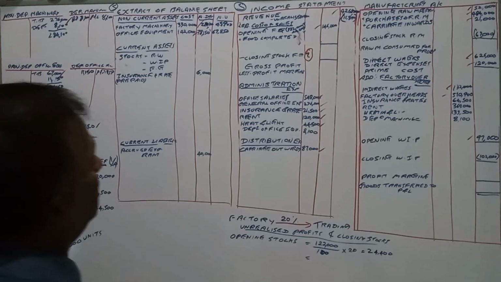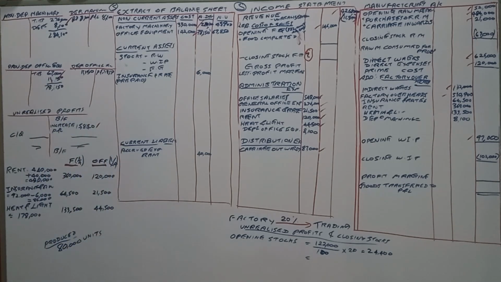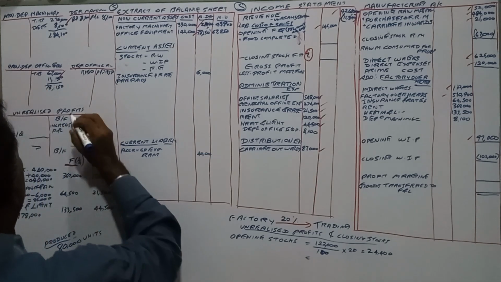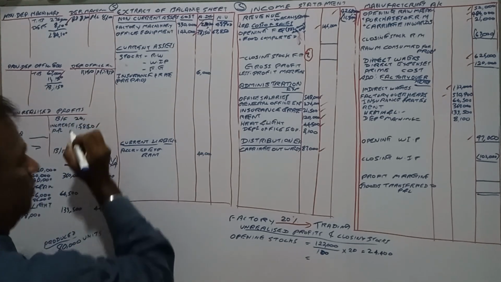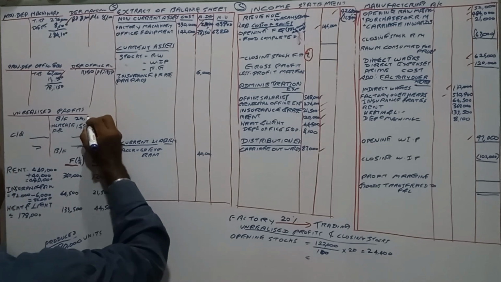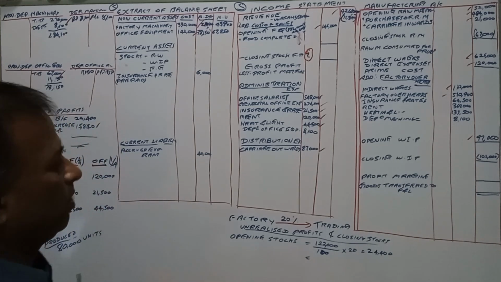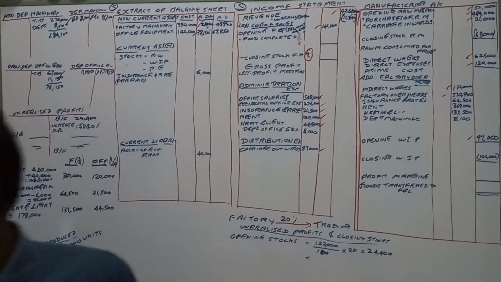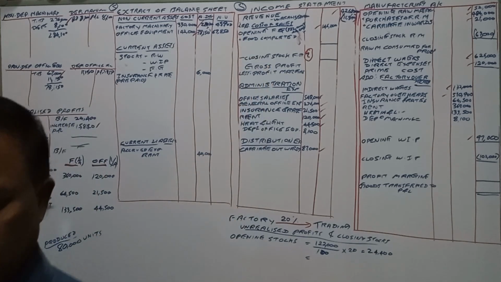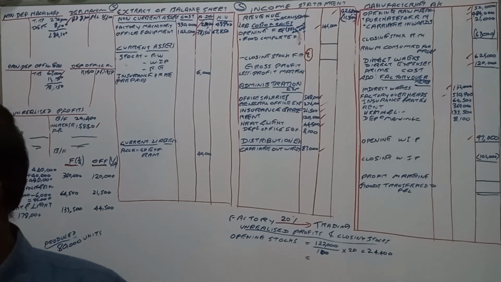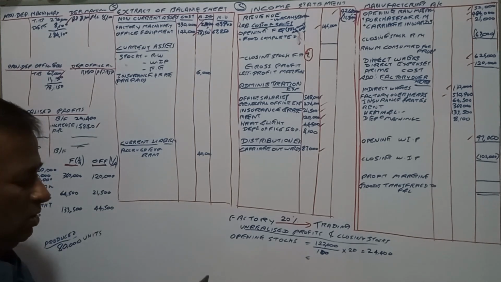And if that is the case, the opening value of the unrealized profit is 24,400. Have you understood what I am talking about? They have given opening stocks at cost, right?